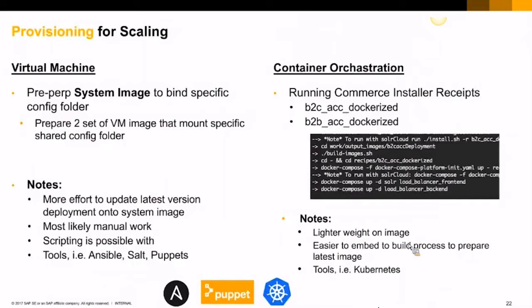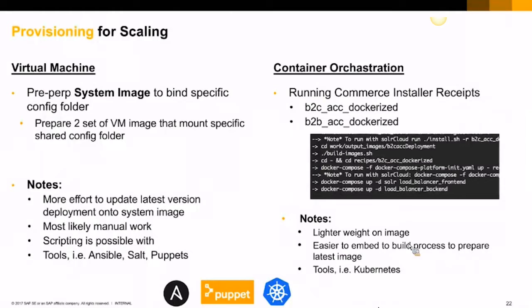On this slide, we will talk about how Hybris can facilitate the provisioning. We have two practices. The old one is performed on virtual machines. In Hybris, we can specify different properties files in the Linux systems.